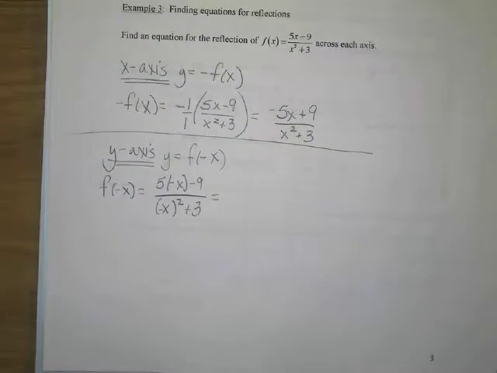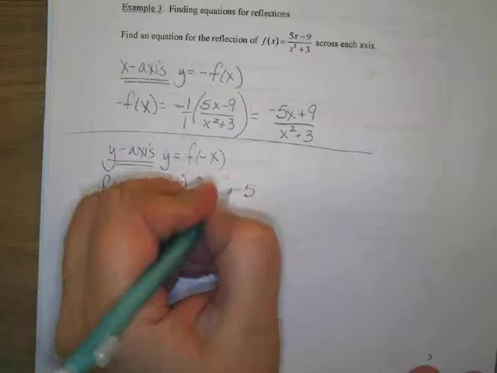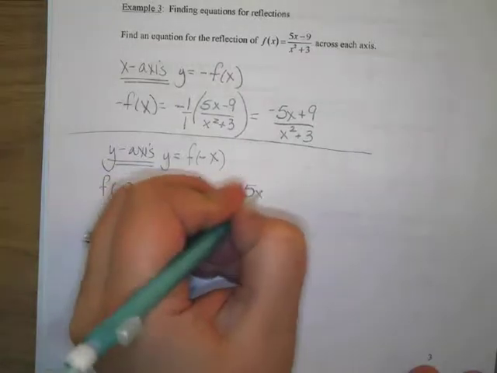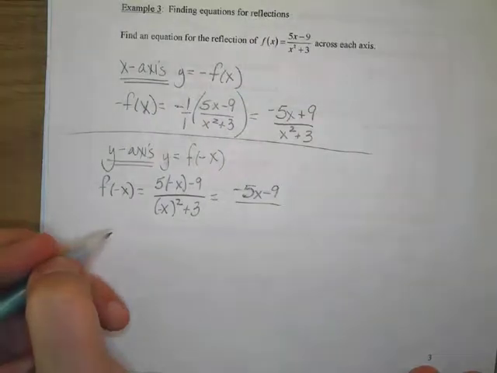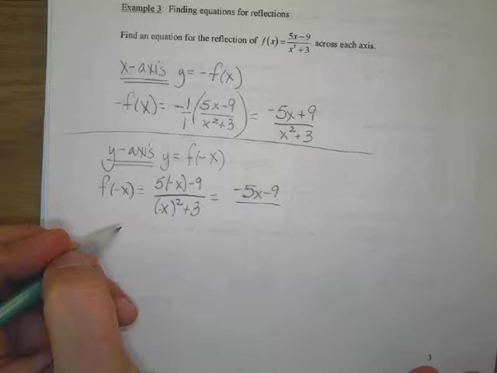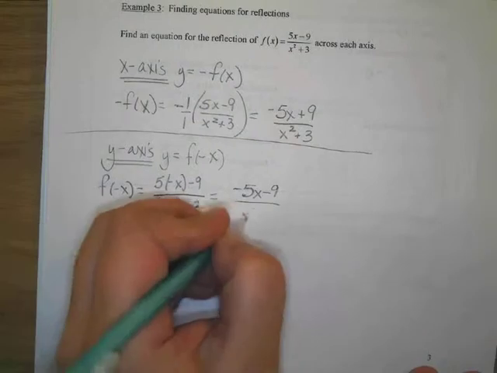So on the top, what do you get? So eventually you're going to get -5x minus 9. What about on the bottom? X squared plus 3.